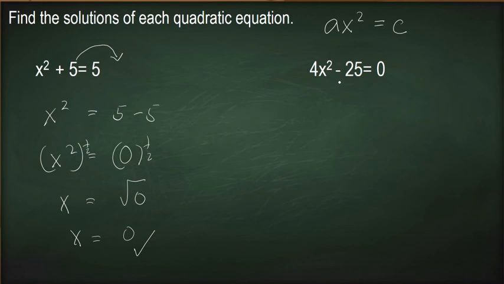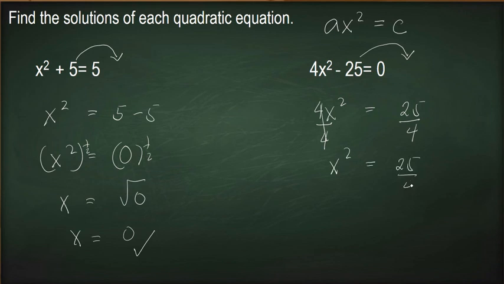Ito, we have 4x squared minus 25. Hindi rin siya nakasulat sa form na ito, so ililipat natin siya sa kabila. Okay? So we have 4x squared is equal to 25. We need to isolate x squared, so mean to say we're going to divide both sides by 4. Then we have x squared is equal to 25 over 4. Then we need x, so therefore we raise both sides to 1/2.